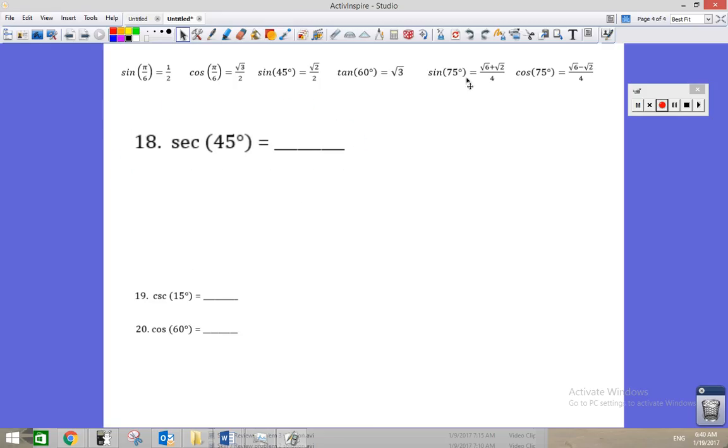Like I said before, I don't see any secants or cosecants along here. I know that secant and cosine are reciprocal, so 1 over the cosine of 45 degrees is equivalent to secant of 45. I don't have the cosine of 45 degrees, but sine and cosine are cofunctions, and 45 degrees is complementary to 45 degrees because they add up to 90, and they are telling me what the sine of 45 degrees is.